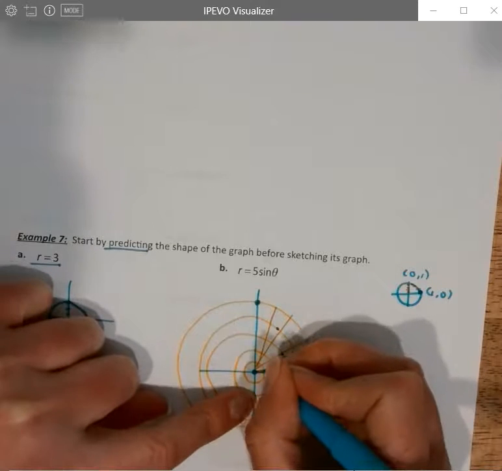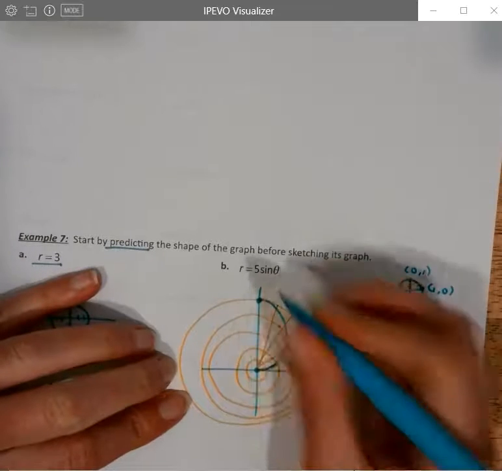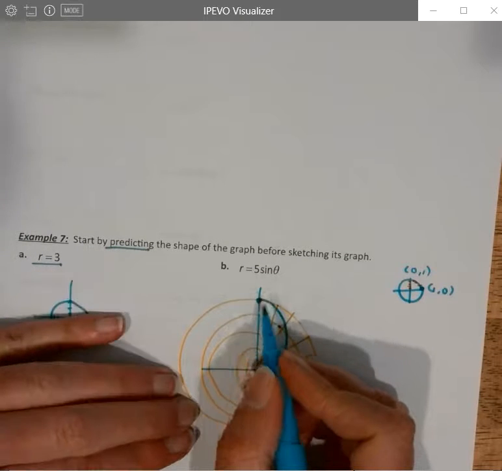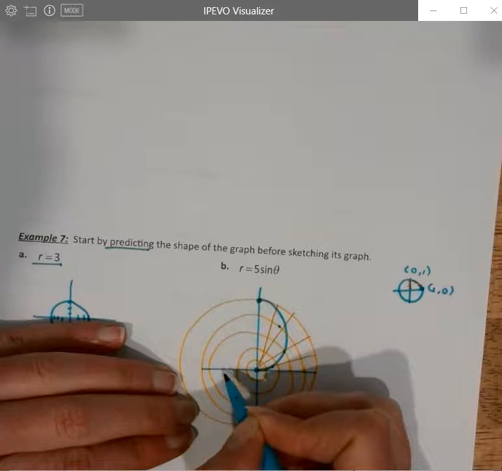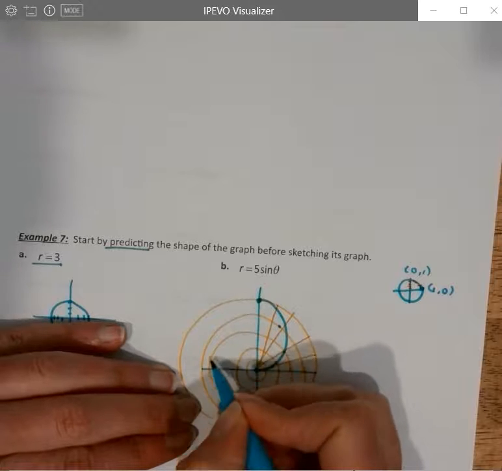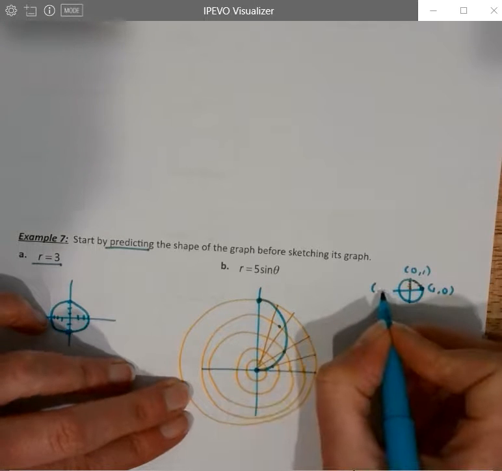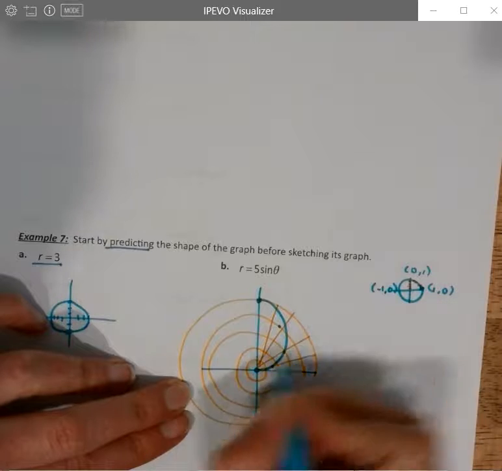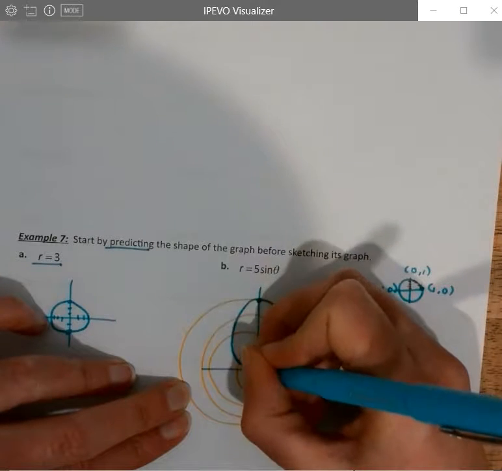So I'm picturing it doing something like this. And then on the other side, as I allow my angle to rotate back around, the y values get smaller, and back over here, it turns them back into 0, -1, 0. So I have to go back to that same point. So they're going to have that reverse pattern.